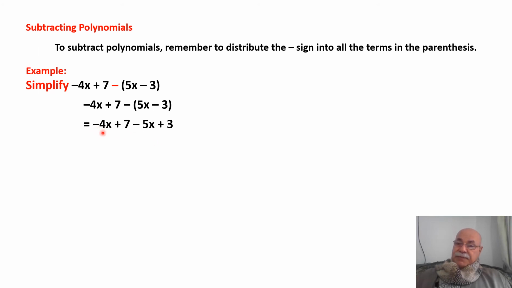Minus 4x plus 5x. I get the sign for the big one: minus 4 plus minus 5 becomes minus 9x, because minus plus minus becomes minus.